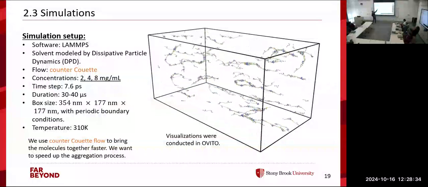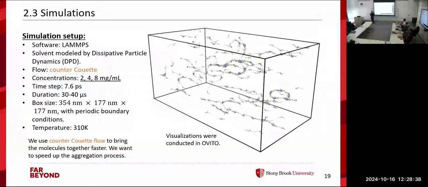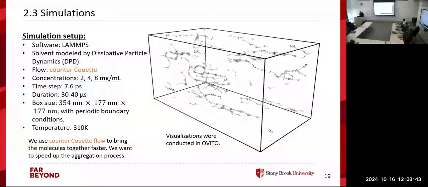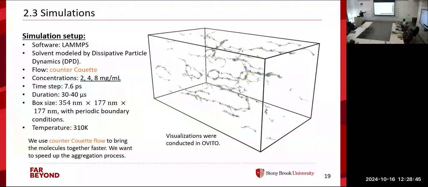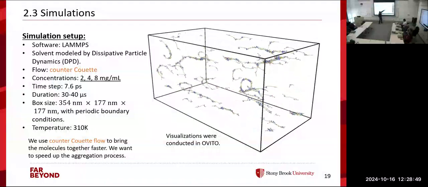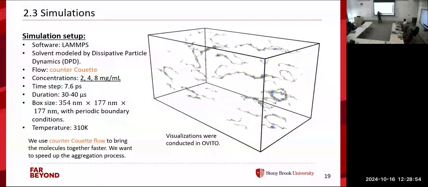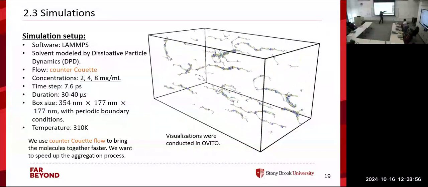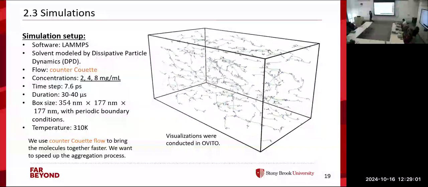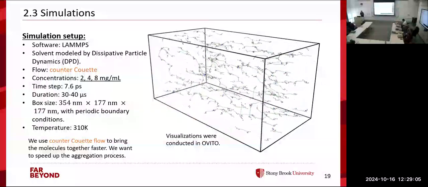I mean, it's a big speed up from femtoseconds, 10 to the negative 12, but still, we can't do it without the help of this flow. Anyway, you see that there are some clusters that are formed. There's some lateral aggregation, and there are these D and E bonds formed between the molecules. So this is so far a pretty good simulation, I guess, of the polymerization and how the scaffold is formed.